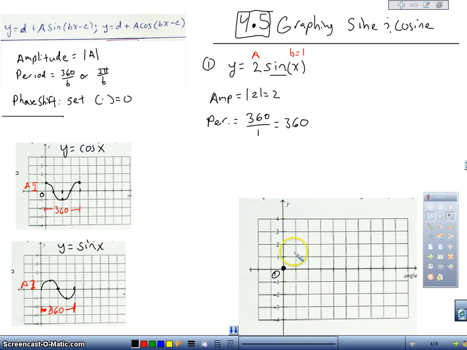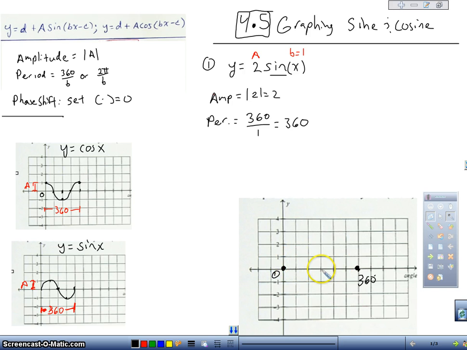And how long is this wave going to be? Well, we know that by the period, and the period is 360 degrees. So I'm just going to come over to the right side and say that this will be the end of the wave, 360. So 360 is going to go there. Okay.